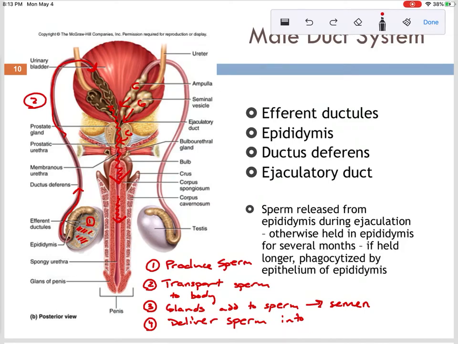And then the last step would, of course, be to deliver sperm into the female. If the goal is to form a baby, of course. And that this is accomplished via the penis, which we know. So I know I went ahead a little bit, but I wanted to lay out the functions. So these would be the functions of the male reproductive system.